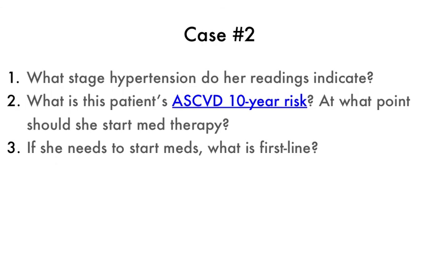The questions I have for you for this patient are, number 1, what stage of hypertension do her readings indicate that she has? Number 2, what is this patient's ASCVD 10-year risk score? And based on that score, at what point should she start medication therapy? And number 3, if she needs to start medications, what's first-line therapy?